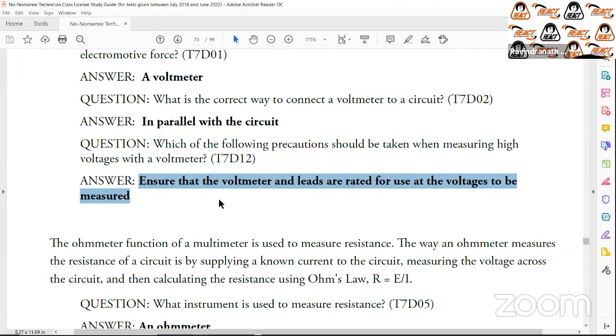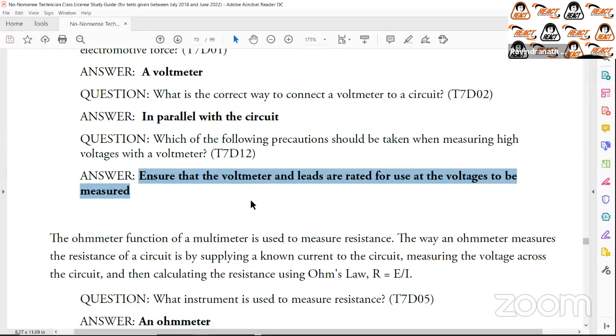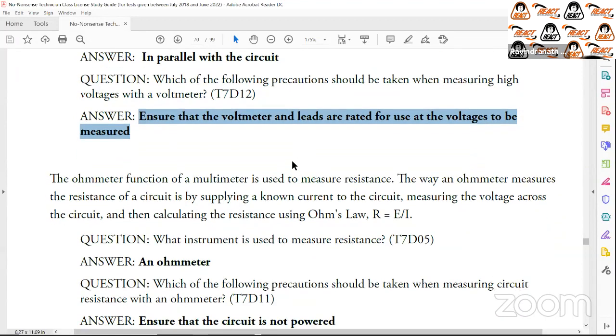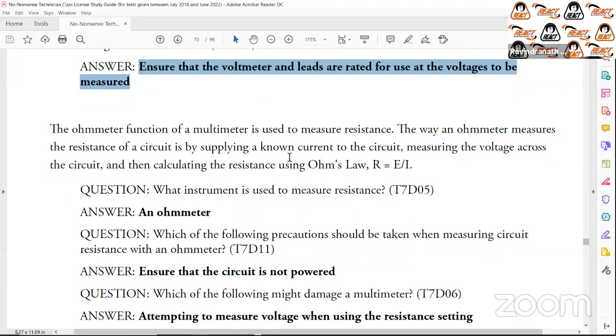That's very dangerous, and you can get killed with high voltages if the insulation breaks down. It cannot handle it. So please, always make sure that the voltmeter itself and the leads that you use are properly rated. If you look at the leads, it will tell you, okay, 600 volts rated. Make sure that whatever you're measuring is well under that rating.